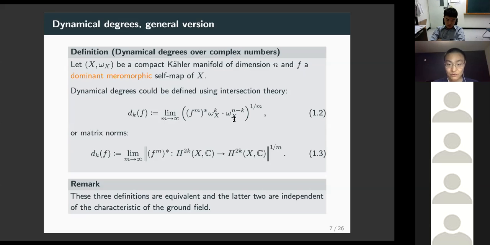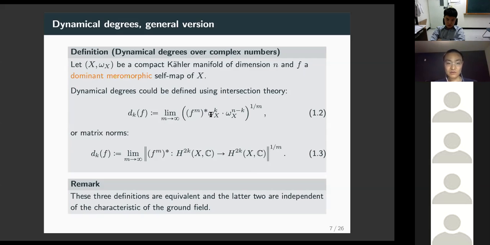And the last two are actually independent of the characteristic of the ground field. For example, here we don't need X to be a Kähler manifold. You can replace X by any smooth projective variety defined over an arbitrary field.